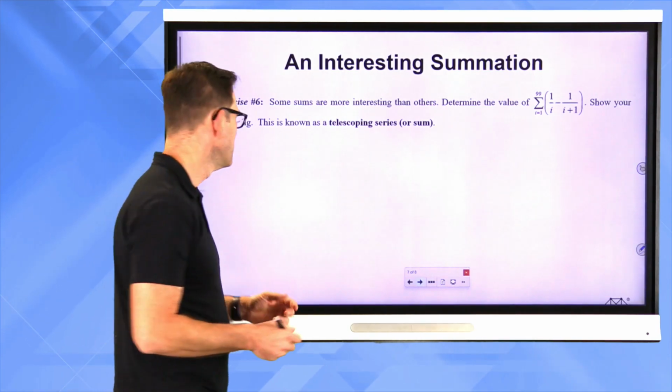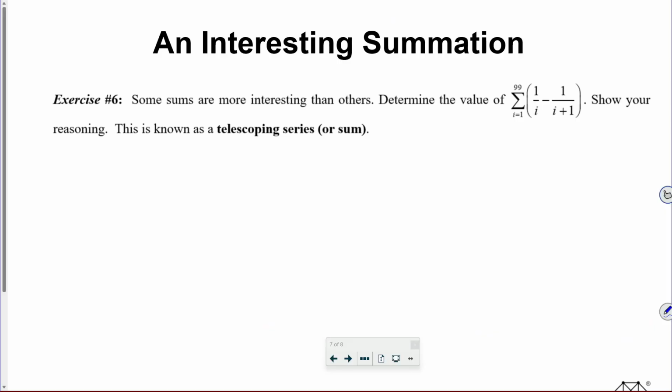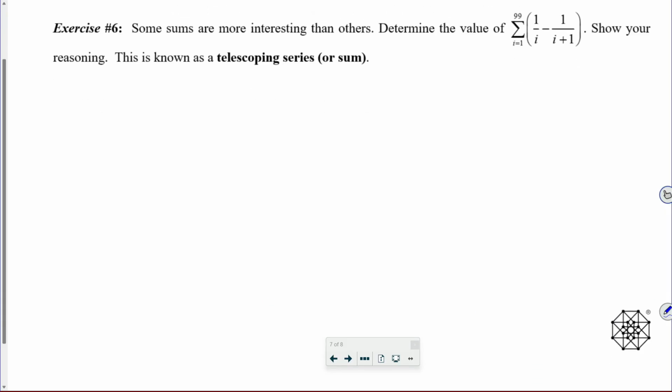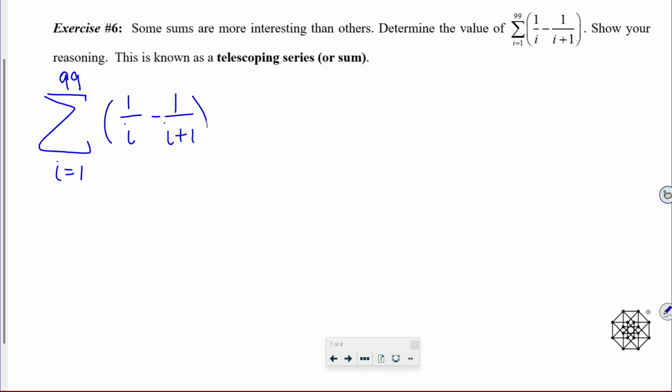All right, well, let me write it a little bit bigger, as usual. So we're going to have the summation of i equals 1 to 99. It seems like, wow, this is going to take forever, and it certainly would if you did it directly, but let's do it. The first one would be 1 divided by 1 minus 1 divided by 2.